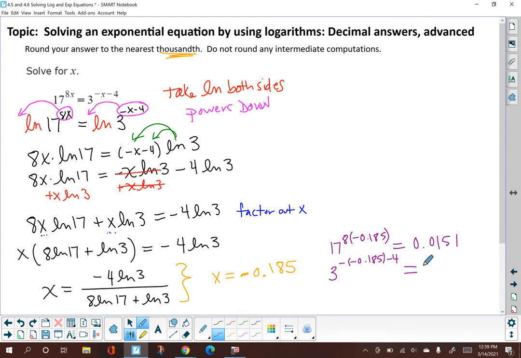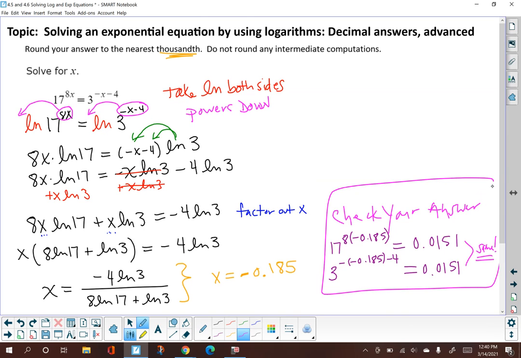And look at that. I know that it is correct because those two right and left-hand sides are the same. So definitely I would advise you to check your answer. It's worth it. It takes 2 seconds to type that in, and if you have the wrong answer, it gives you a chance to look over your work or start again and try to get it right.